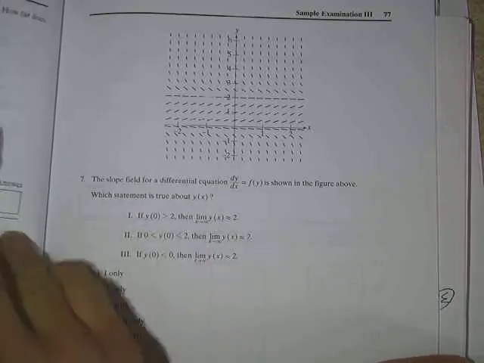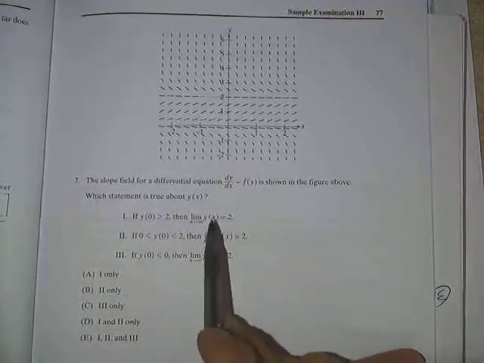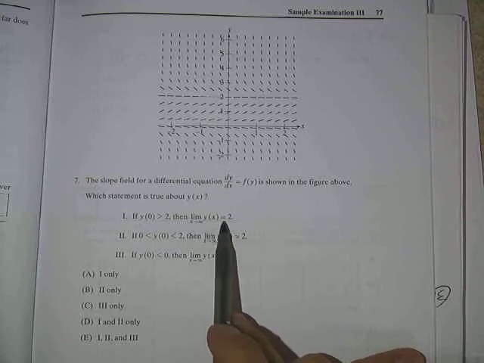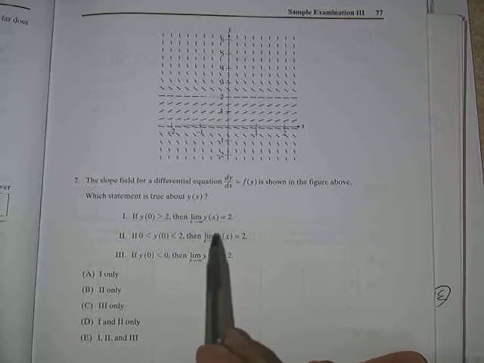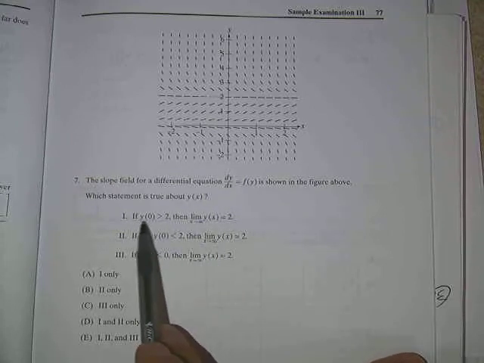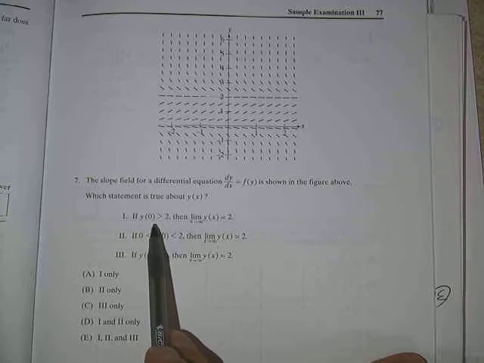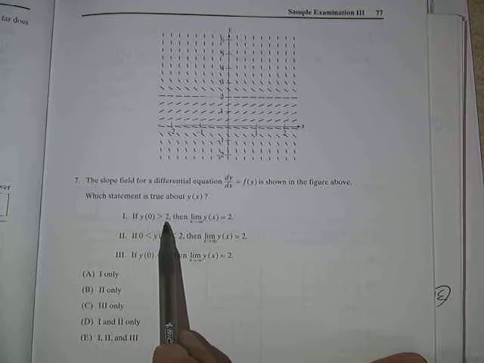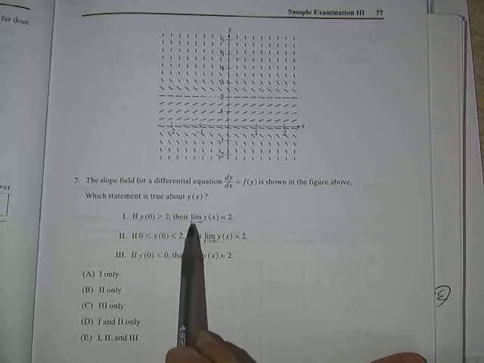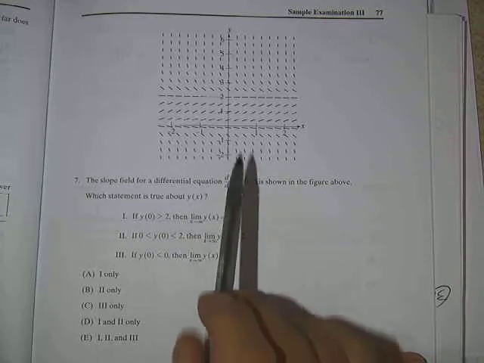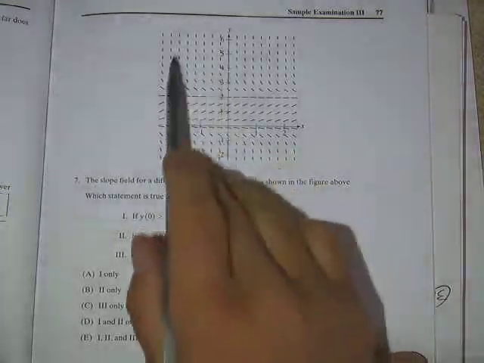So the bottom line here is which statement is true about the function. Statement number 1 says if y of 0 is greater than 2, then as x approaches infinity, y approaches 2.